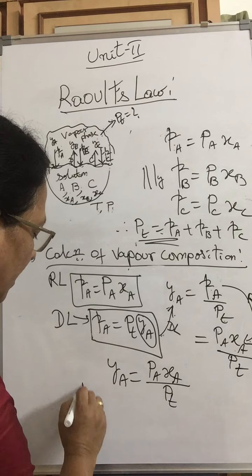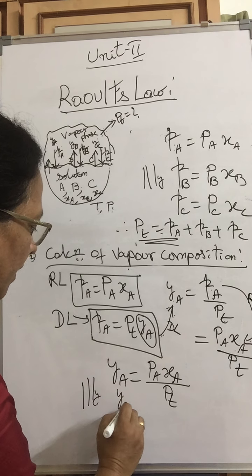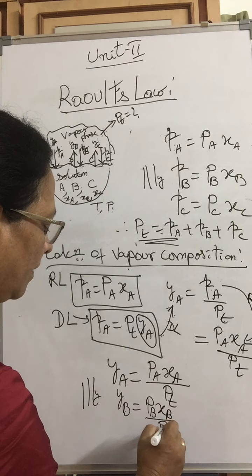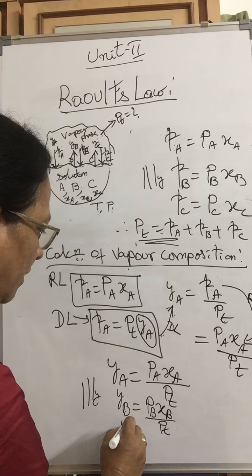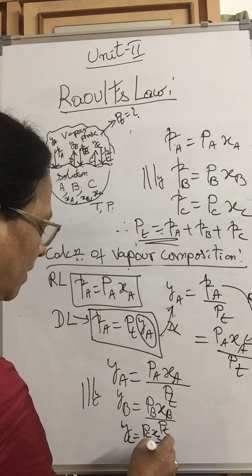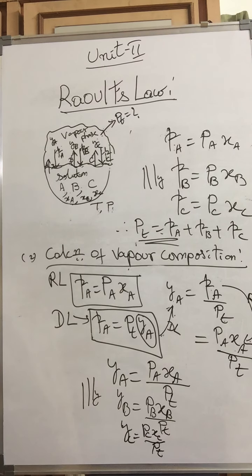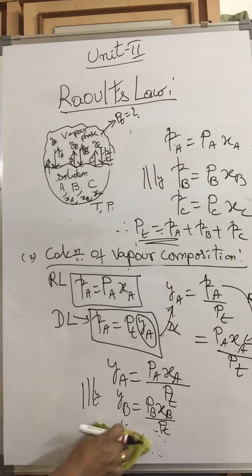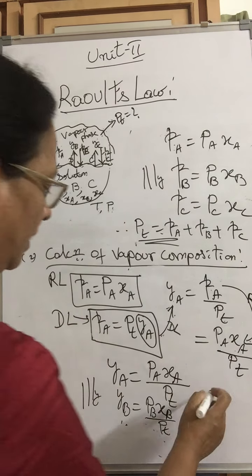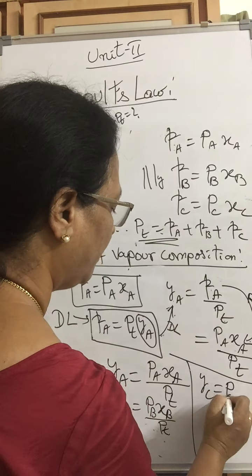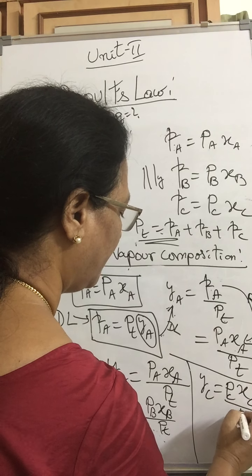Similarly, YB equal to PB XB by PT and YC is equal to PC XC by PT.